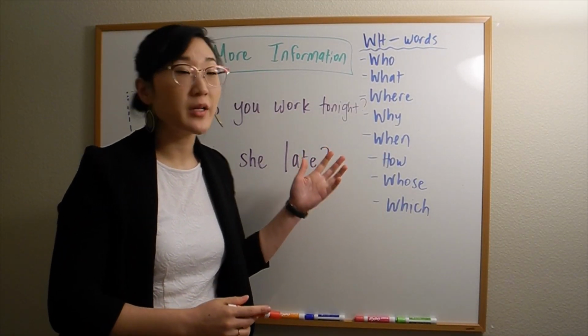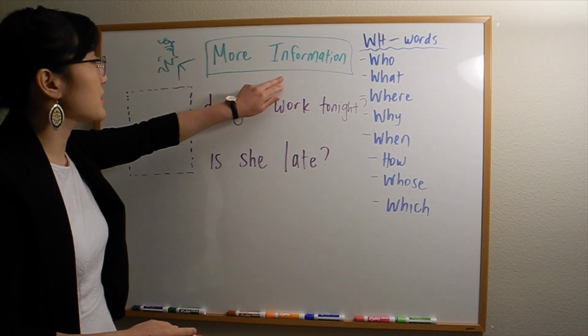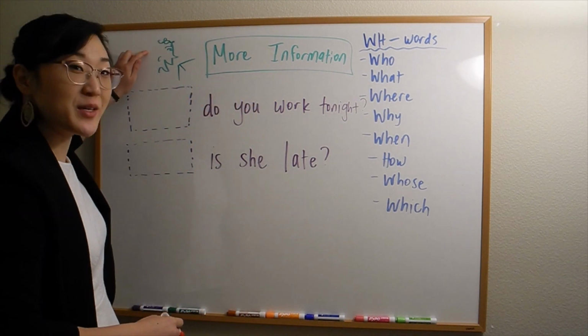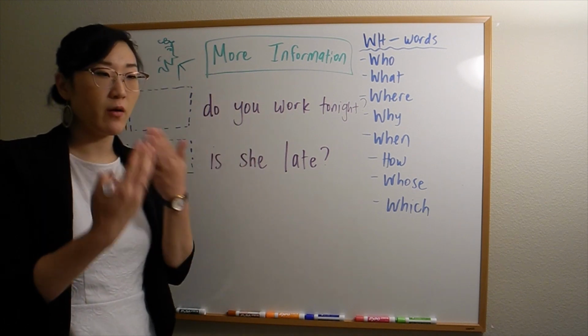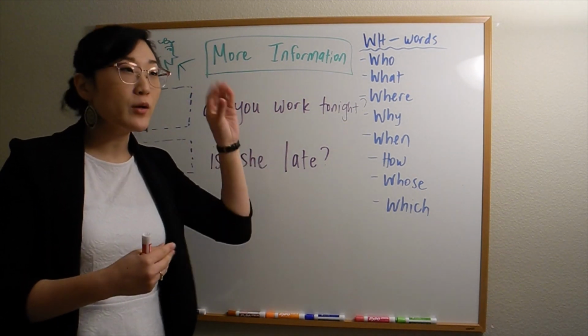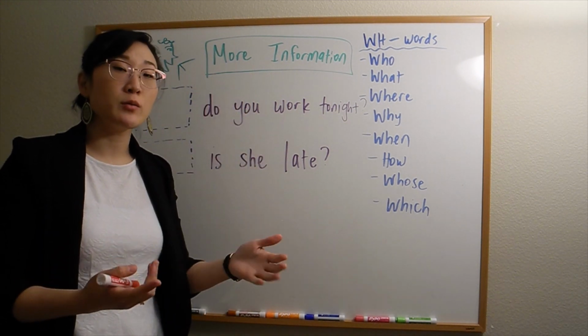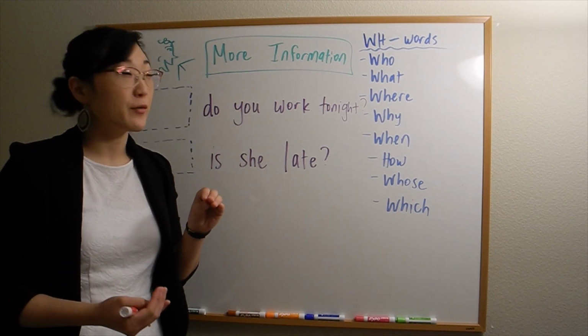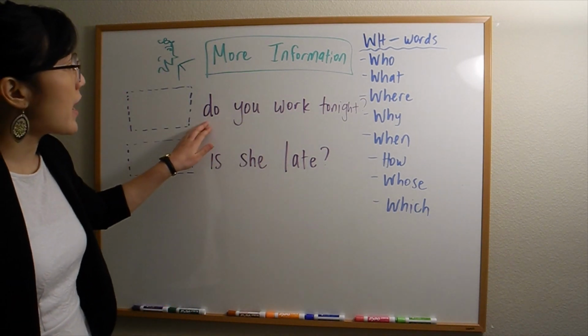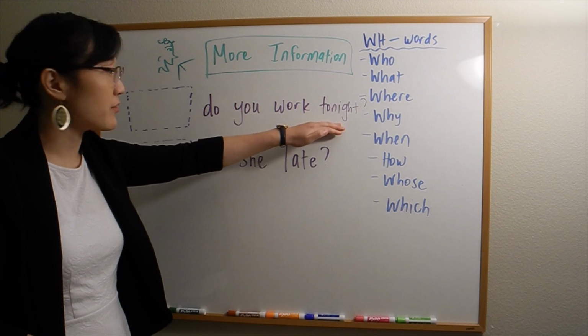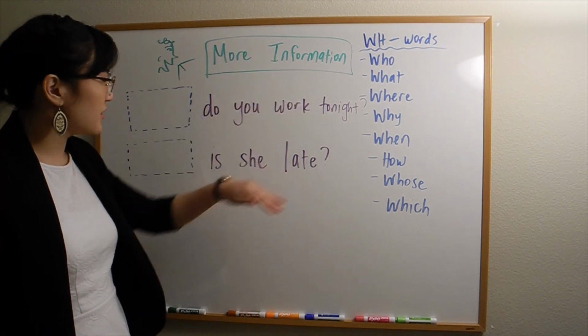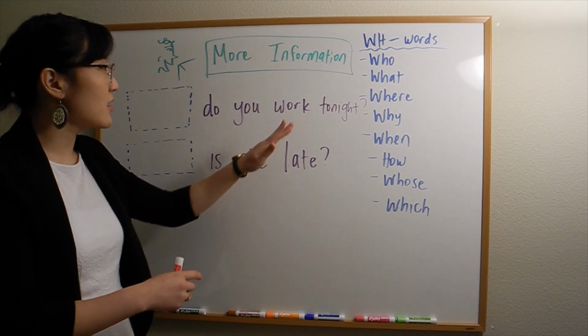Okay, so next we're going to look at more information questions. I drew this picture because this is how we have conversations, right? More information means I want you to talk more, right? So we have our yes or no questions here, right? Do you work tonight? Is she late, right?